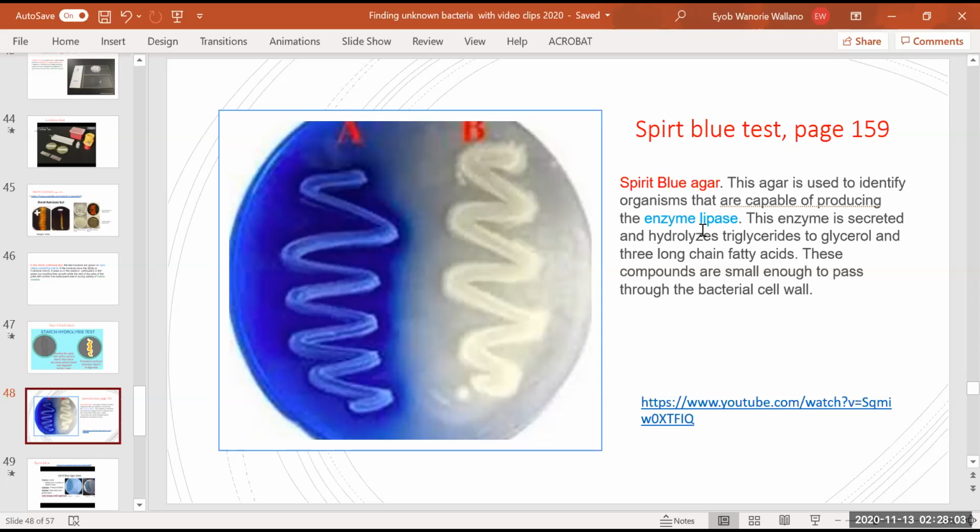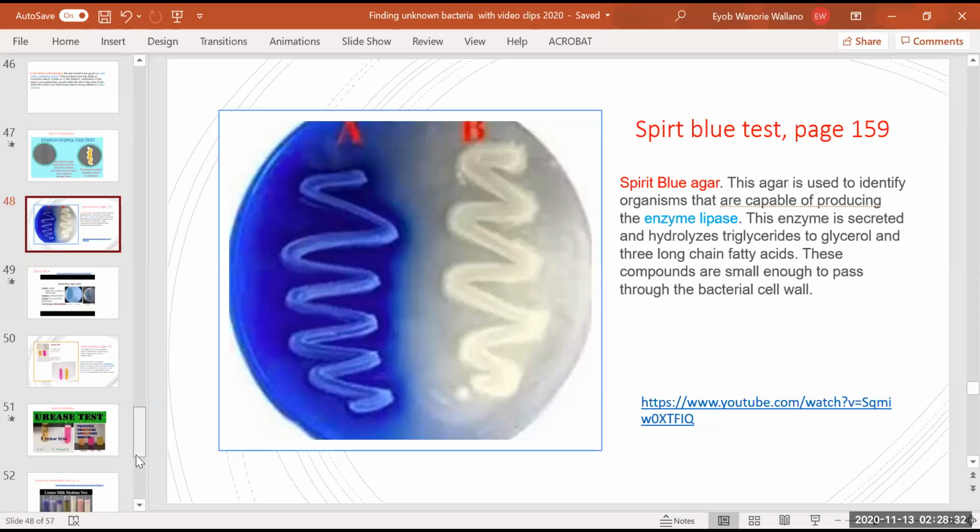So that is how we are saying spirit blue. Be sure that when we talk about other reactions where the color, the Persian green one, changes to blue, you make it different from this one. That lipase is a virulence factor of that microorganism, which emulsifies certain fats in a media.